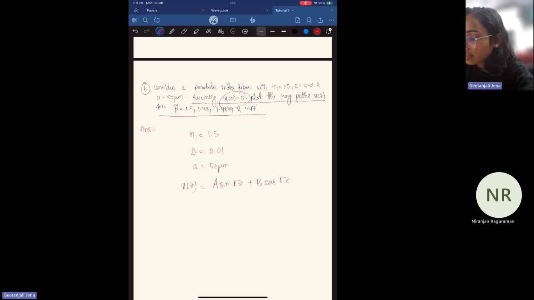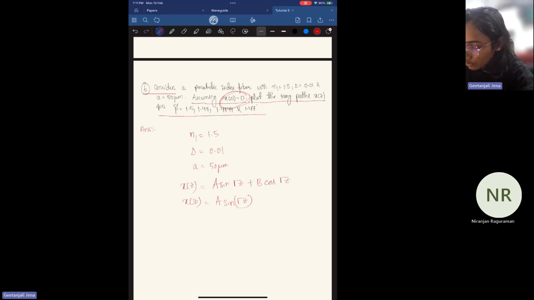Now you can see the ray is incident at the axial point, that is at x equal to 0, it is 0. So that means x(z) will be a sin(gamma z). There won't be any cos part.